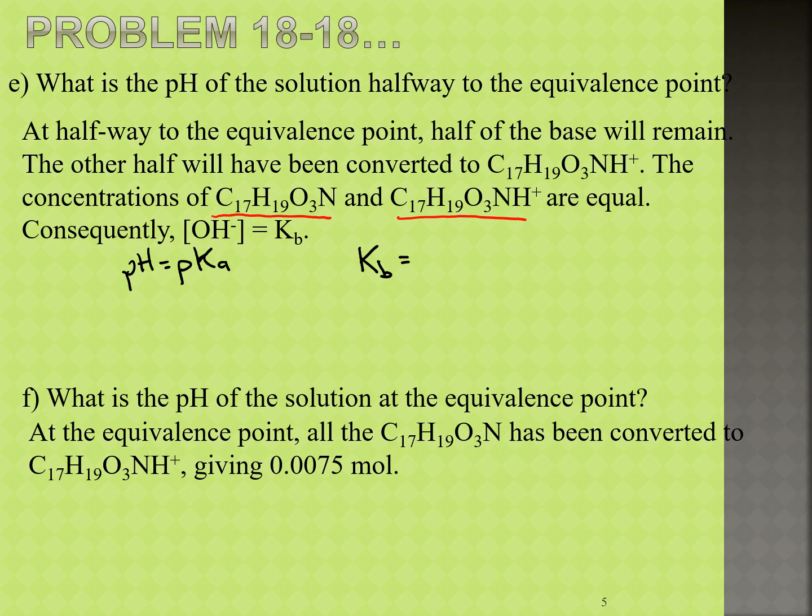And so what we're going to do is take our Kb, which is 7.4 times 10 to the minus 7th. We're going to solve for Ka, which is 1 times 10 to the minus 14th, our Kw, divided by our 7.4 times 10 to the minus 7th.